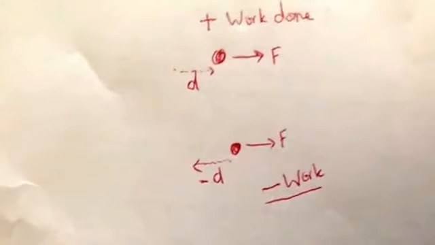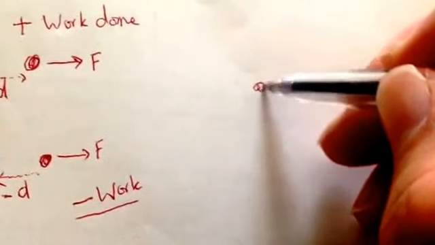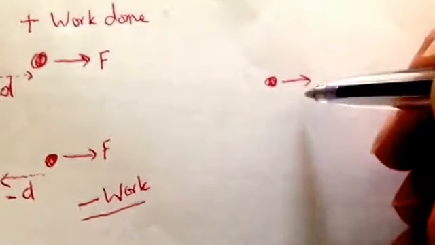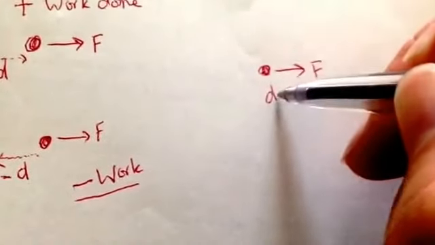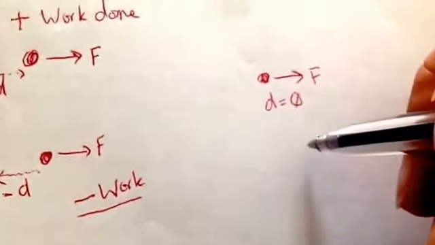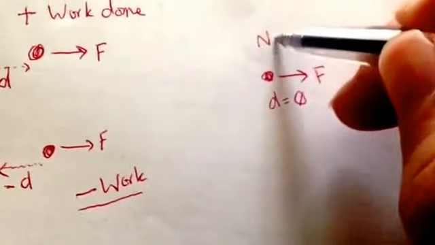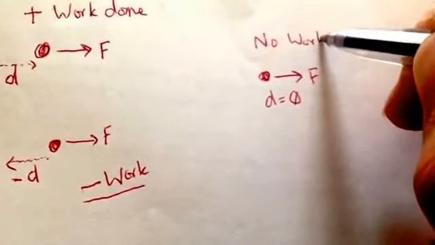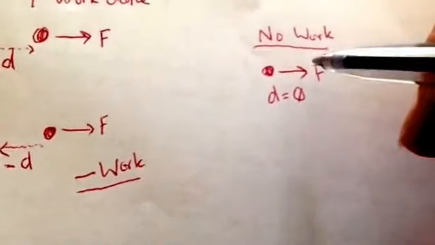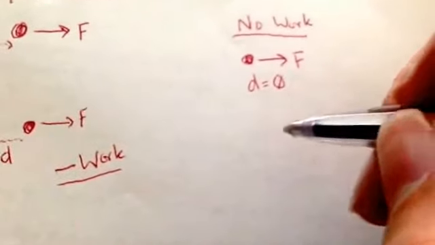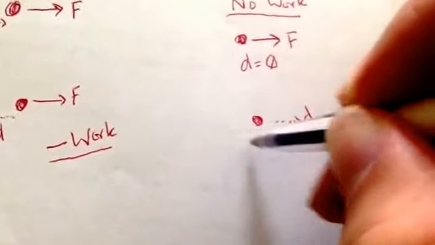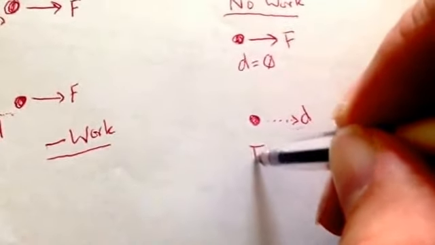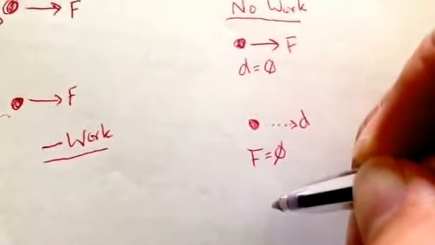Okay? Of course, if you have a ball and let's say there's a force but there's no distance, okay, then there's no work. Even though there's a force, there's no work. The same thing, if some ball is moving with a distance but there's no force, for example, how can there be no force?